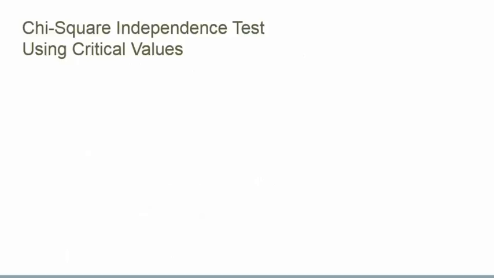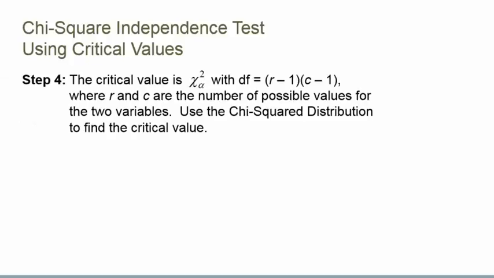Chi-square independence test using critical values. Step 4. The critical value is chi-squared sub alpha with degrees of freedom equal to (R minus 1) times (C minus 1), where R and C are the number of possible values for the two variables. Use the chi-square distribution to find the critical value.